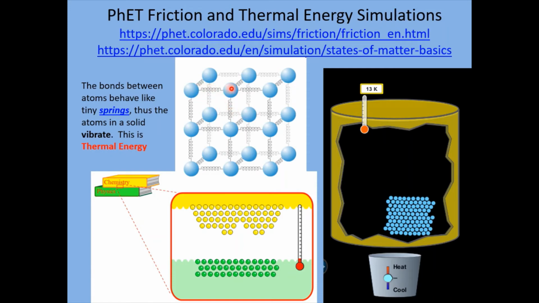And those bonds behave like tiny little stiff springs. And this means the atoms inside of a solid can actually move around and deform slightly. And so when these atoms vibrate back and forth, this is what we call thermal energy. So again, let's take a look at these videos.